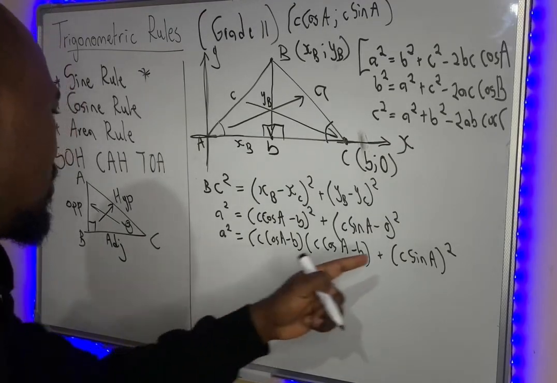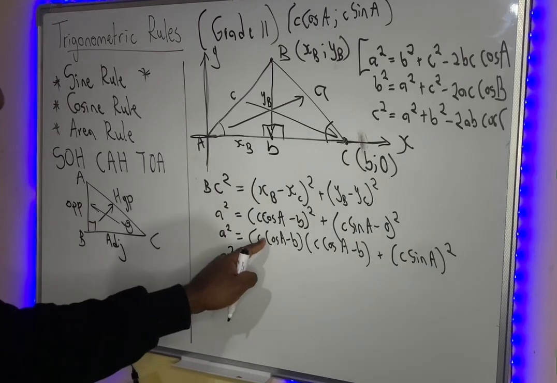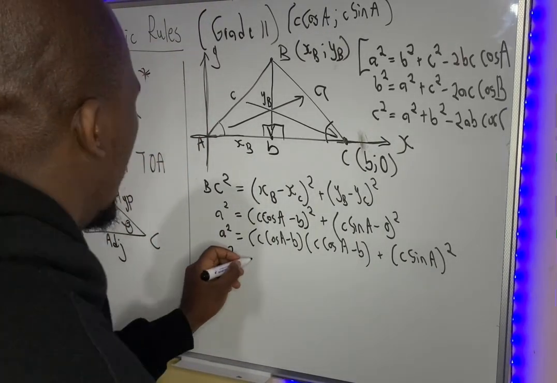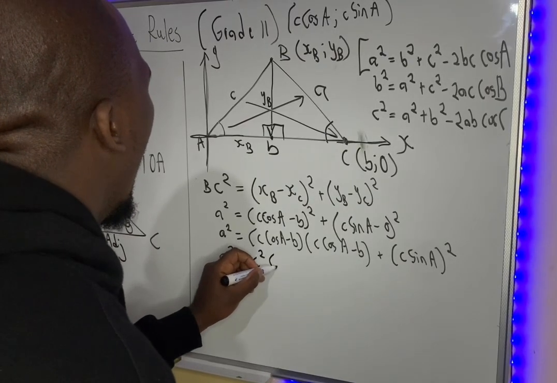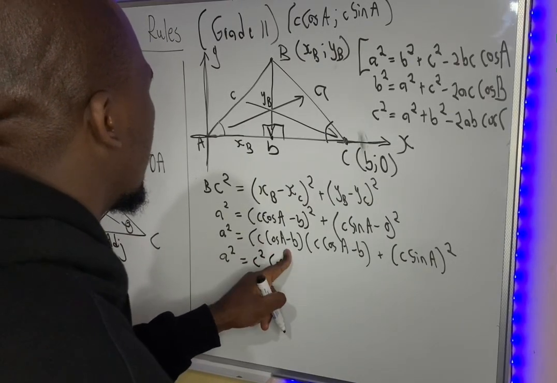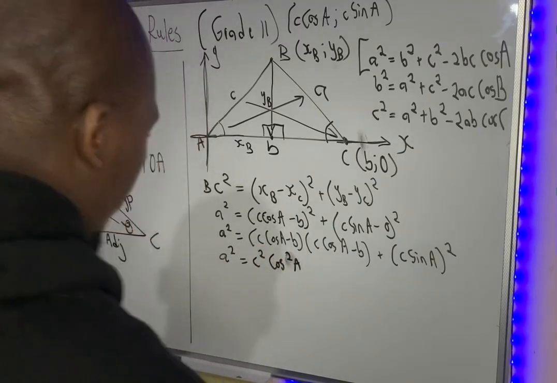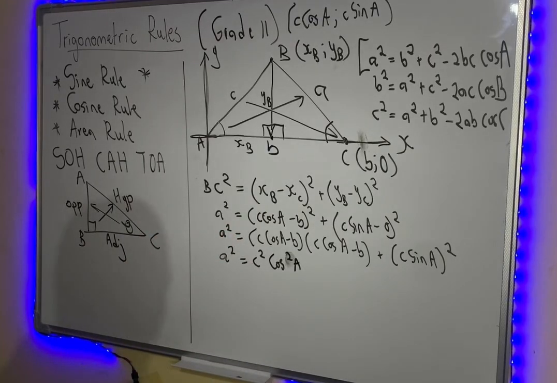Foil here, then we distribute there. So we have A squared here, which is equal to, here we're going to multiply this and this, which is going to be C squared cos squared A. C cos A multiplied by that, it's C squared cos squared A, right?